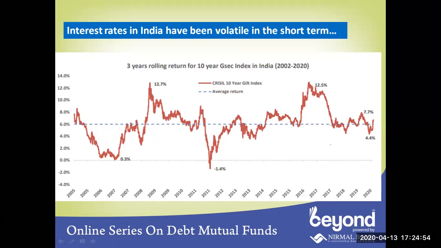I have not shown here the chart of the 10-year GSEC. But the 10-year rolling return of a GSEC fund, if you look at, would give you around 7.5 to 8% returns. 7.5% returns in 10 years is not a bad deal, because from the taxation point of view, in yesterday's session I explained how indexation helps.